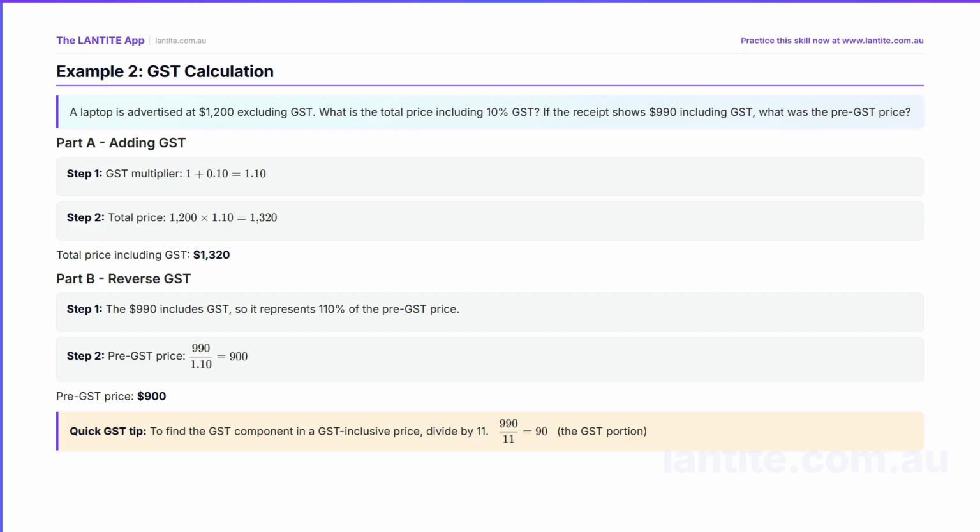Since 990 represents 110%, we divide by 1.10 to get $900. A handy shortcut: to find just the GST component in a GST-inclusive price, divide by 11. So, 990 divided by 11 is $90 of GST.